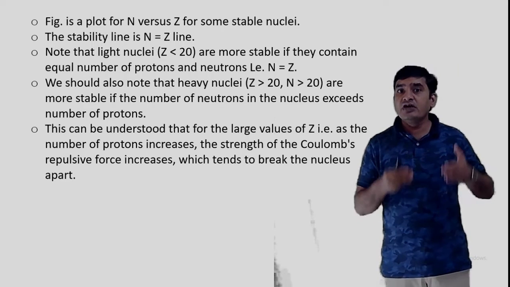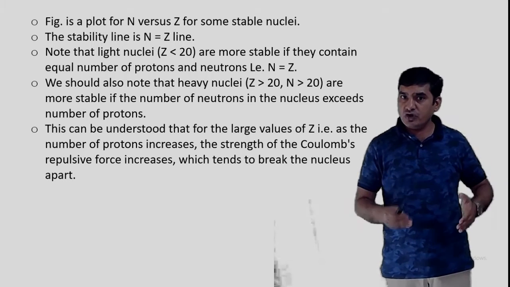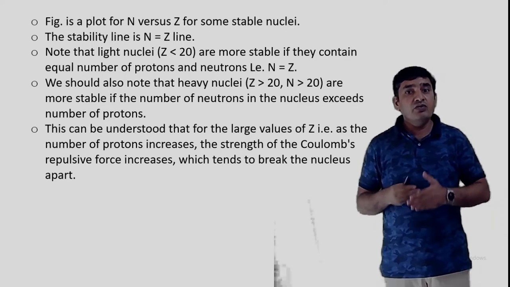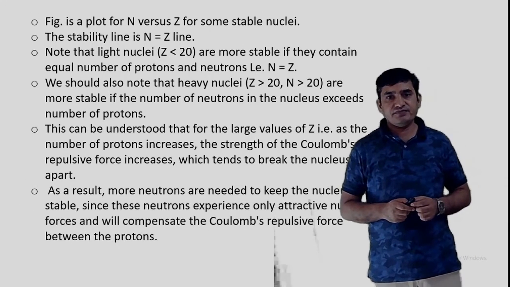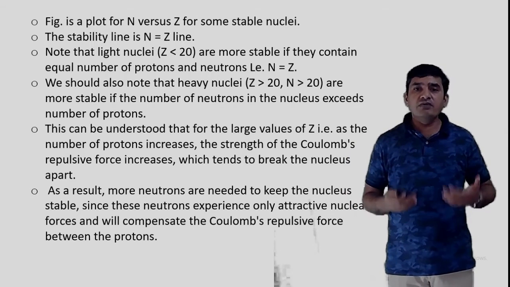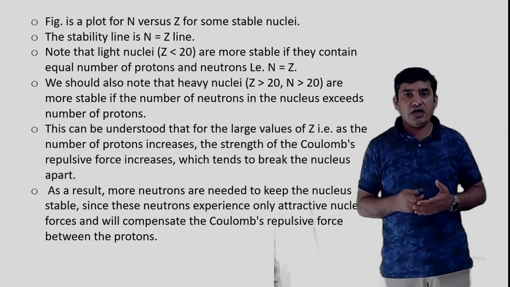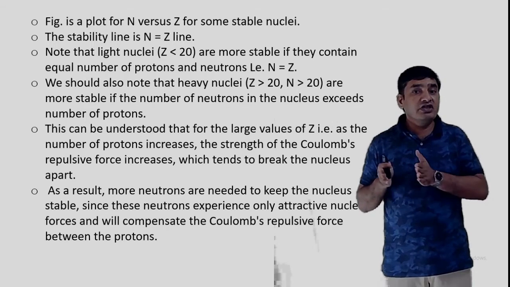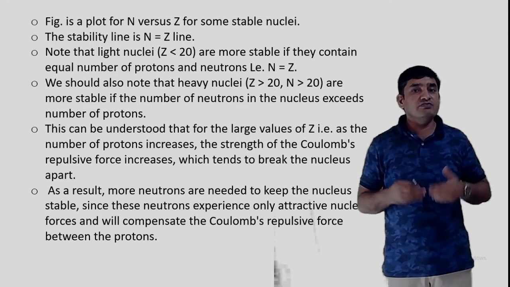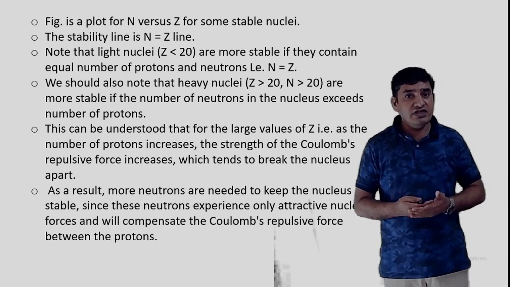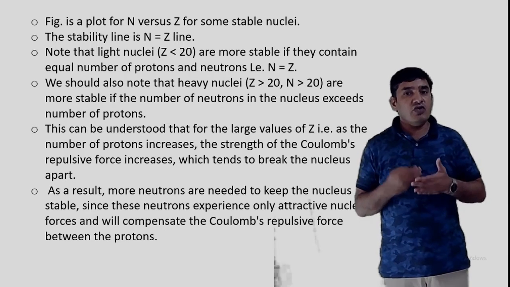Nuclear force is a force between the proton-neutron and neutron-neutron, which tends to hold the nucleus together. As a result, more neutrons are needed to keep the nucleus stable. If the number of neutrons is more, then the nucleus is stable. Why?